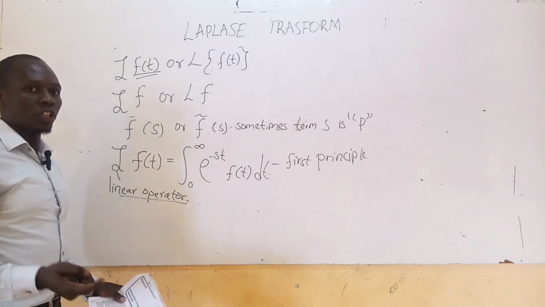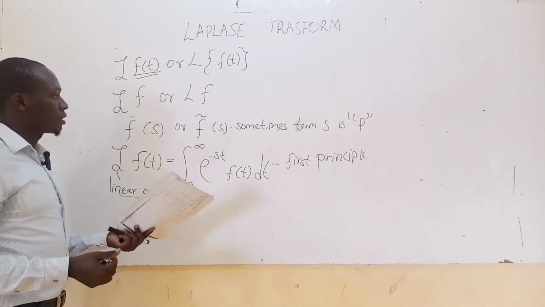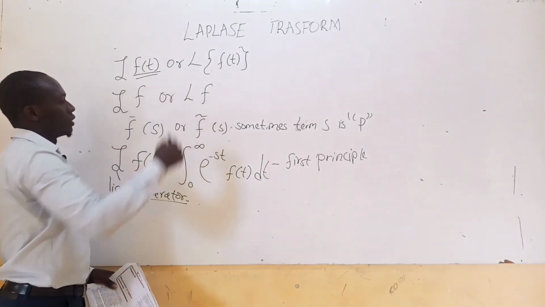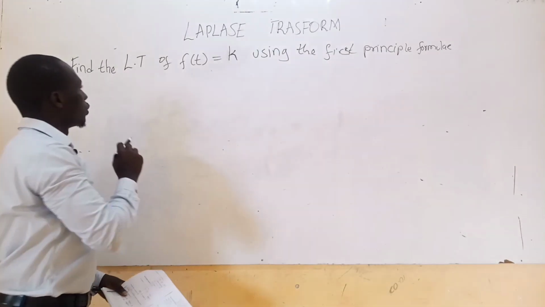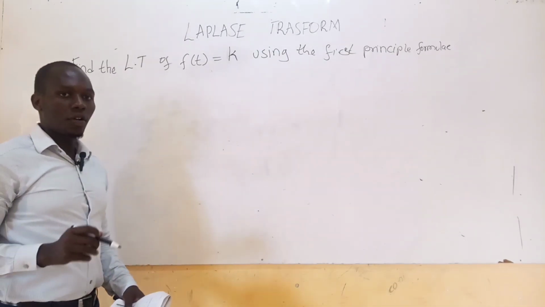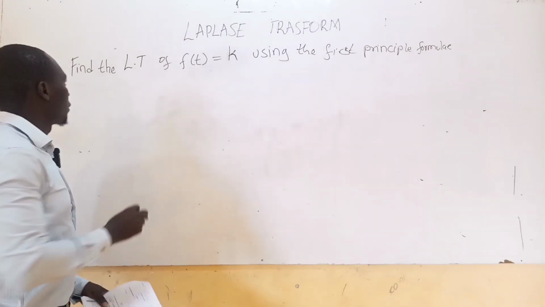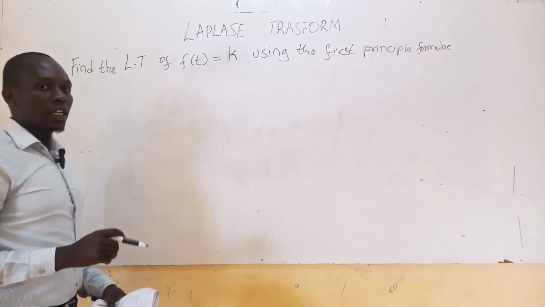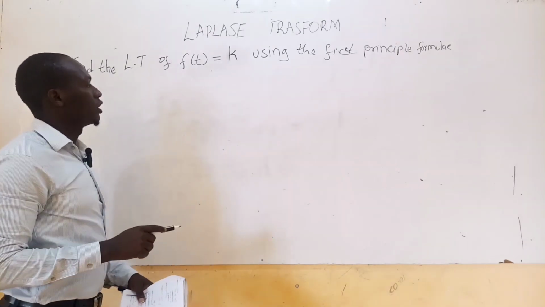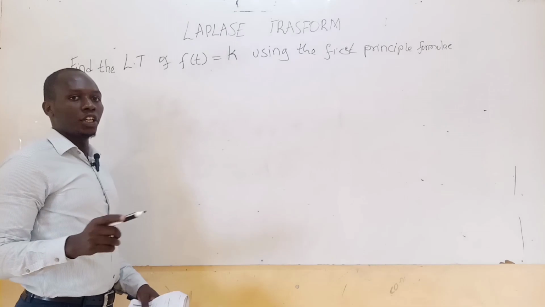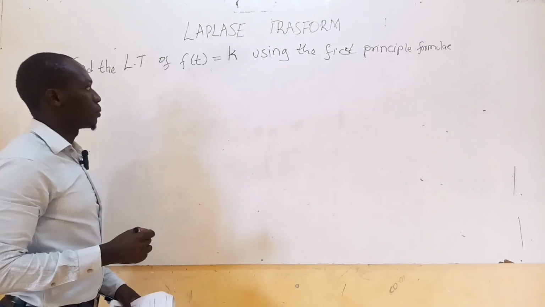Now let us get into our first example after understanding the notations of the Laplace transform. So this is our first example, whereby you can be told to find the Laplace transform of a function f of t equal to k using the first principle formula.